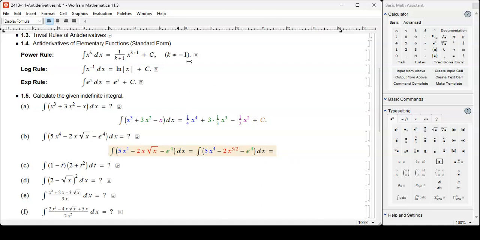Now let's apply the antiderivative rule here, especially the first one. Okay, 5 was there before, and then we have to add 1 to the power and divide. That corresponds to this blue term. Make sense? Next, 2 was there before, add 1 to the power, 5/2, and then divide.